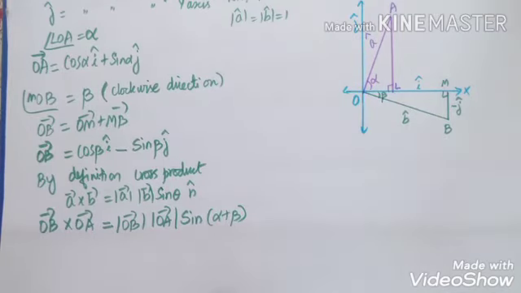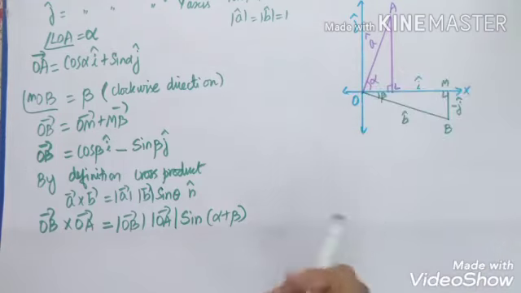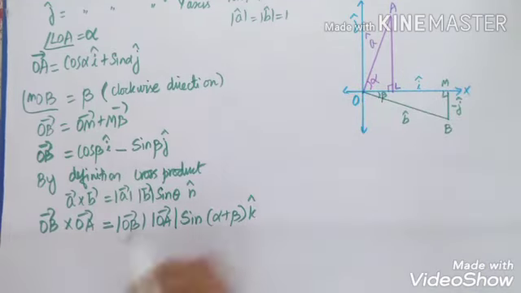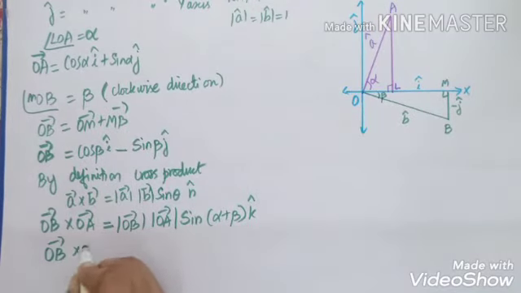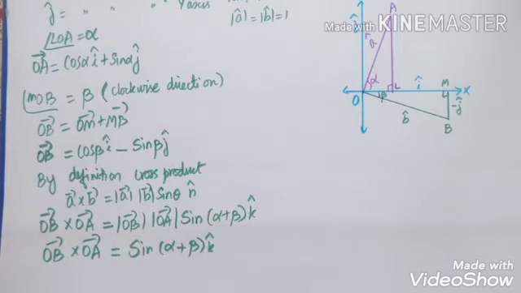And what is n cap? A vector perpendicular to i and j, which is nothing but the k vector. Mod OB and mod OA are 1. So OB cross OA equals 1 into 1, forget it, sin(alpha plus beta) k cap.